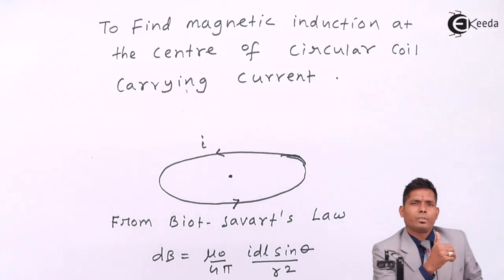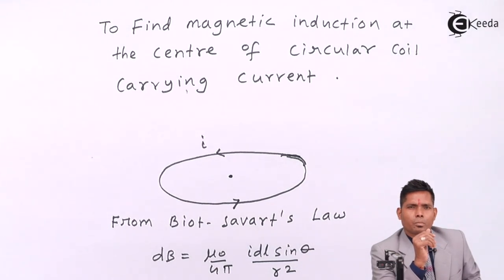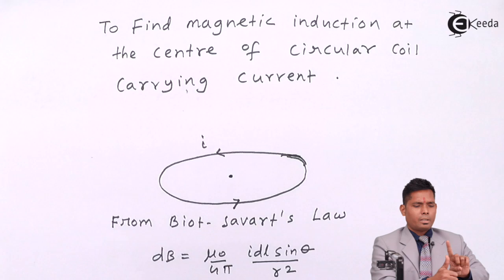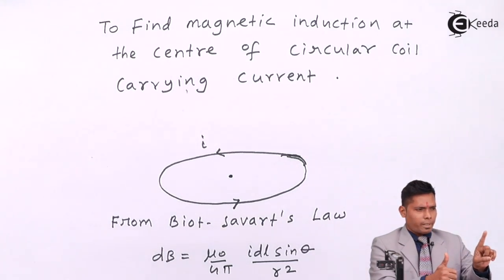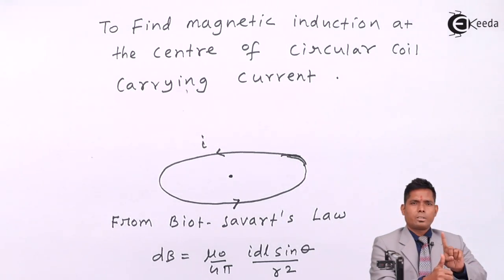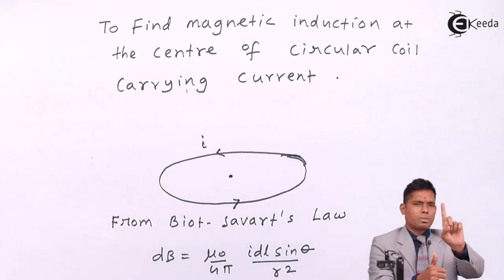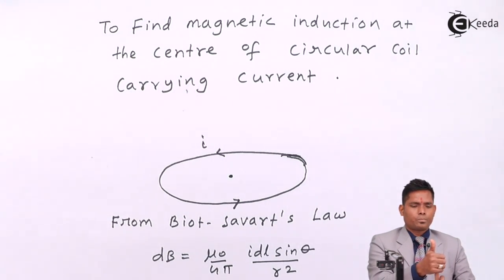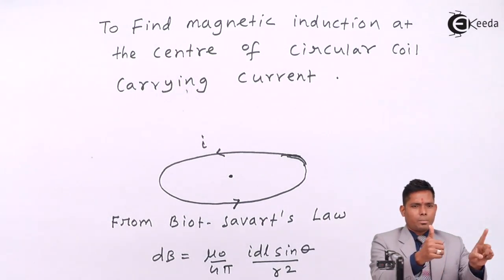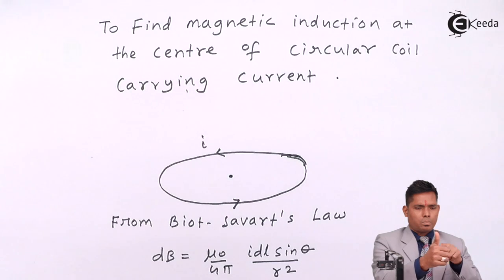And we know that the magnetic field exists in a complete loop. So it goes like that, and again it comes back like this and enters here. So it's a complete loop. What we are studying is only this part, that it comes out like this and enters from below like this.